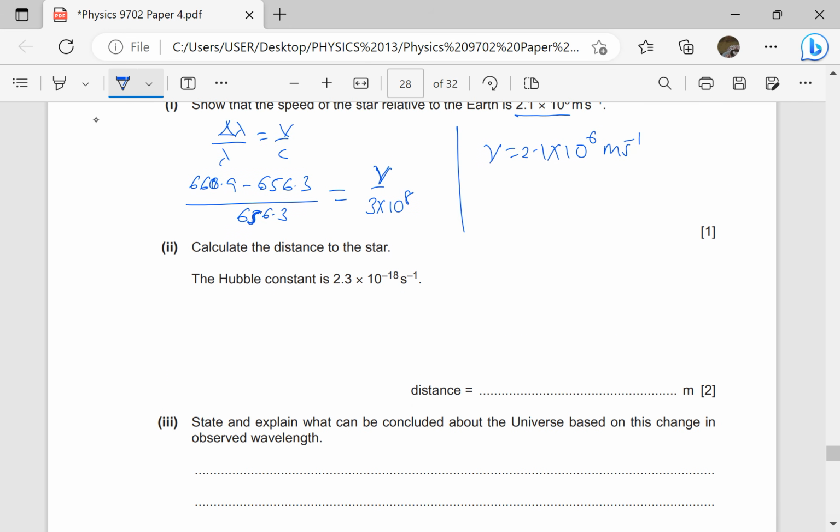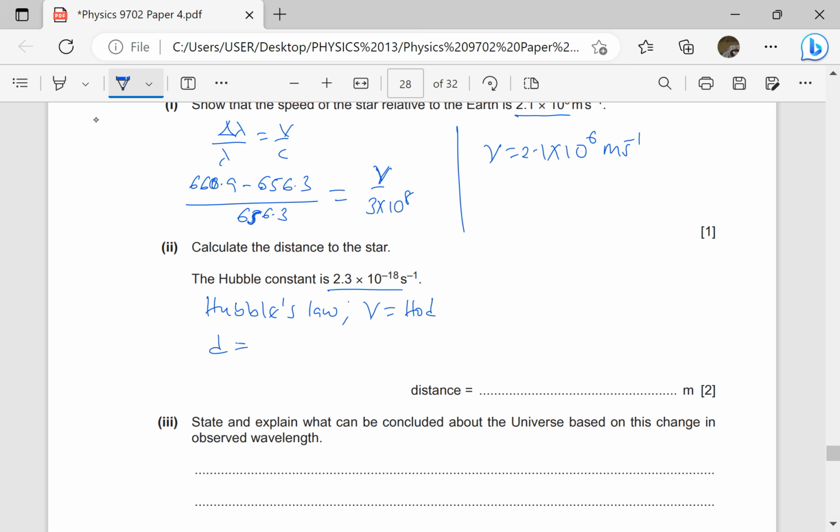Calculate the distance to the star. The Hubble constant is given as that. By Hubble's law, the recessional velocity is equal to H naught times d. Recessional velocity is directly proportional to the distance from the Earth.